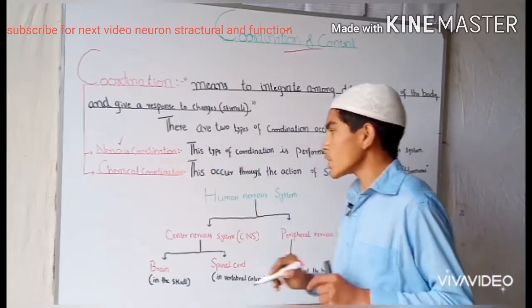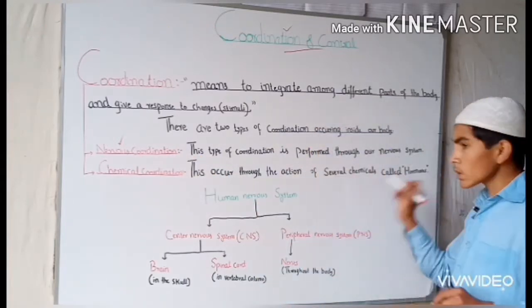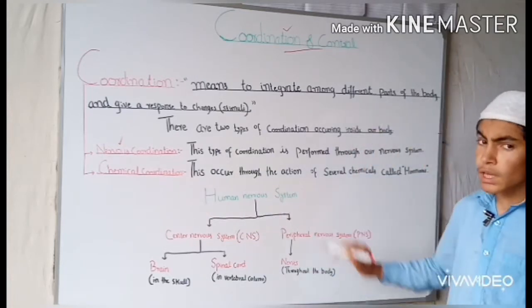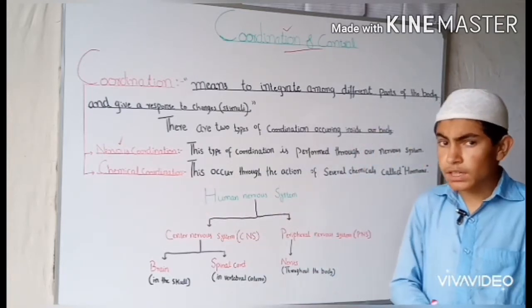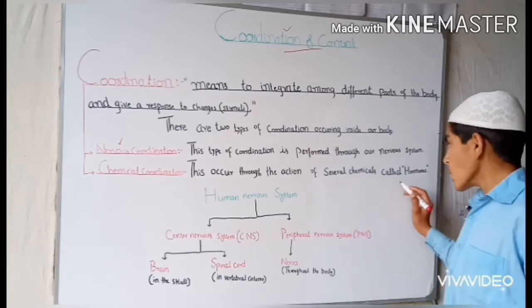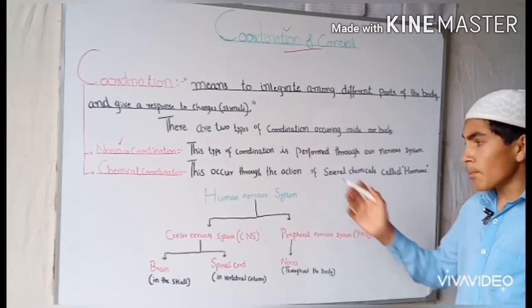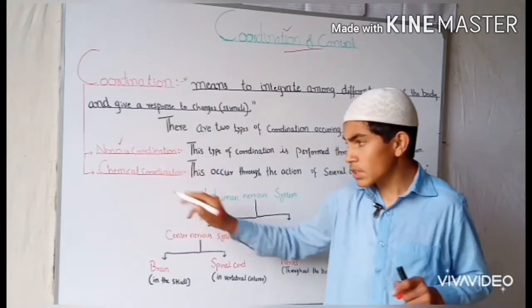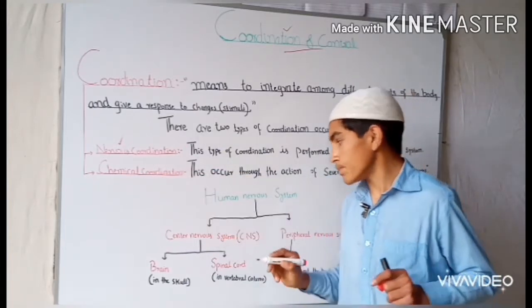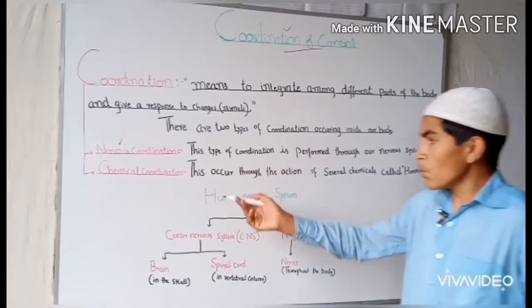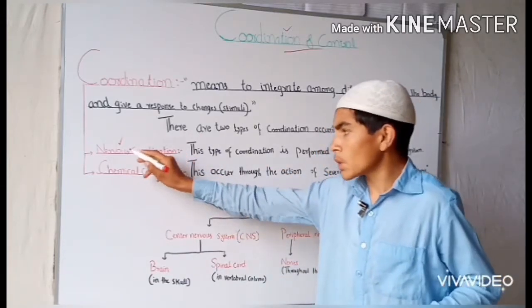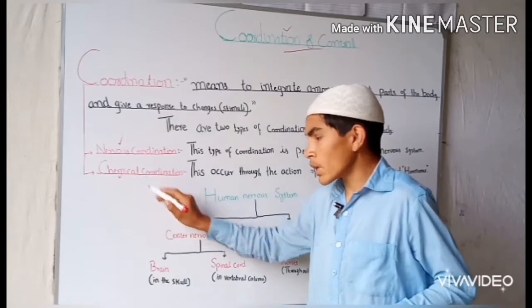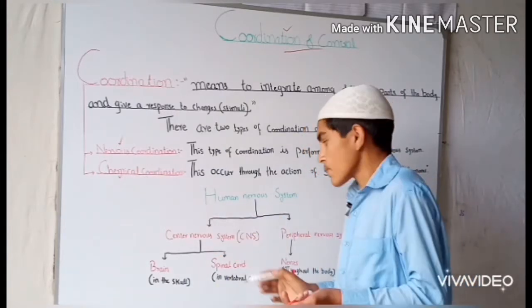This type of coordination is performed through our nervous system, while the chemical coordination is performed through the action of several chemicals called hormones, which are present inside our body. But note that nervous coordination is faster than chemical coordination. So now we are only focusing on nervous coordination, not chemical coordination. We will study chemical coordination in later lectures.